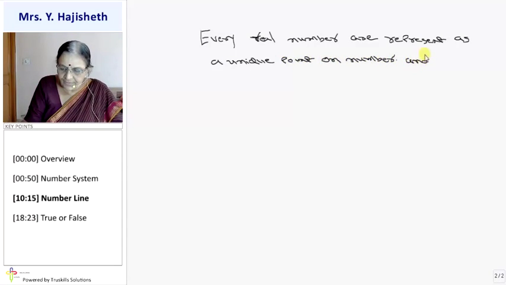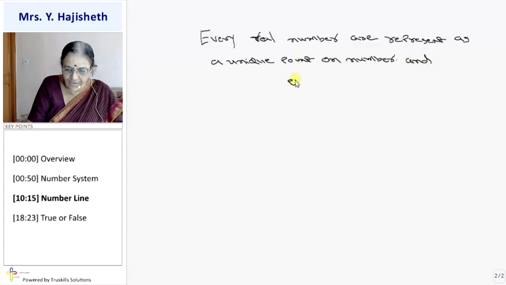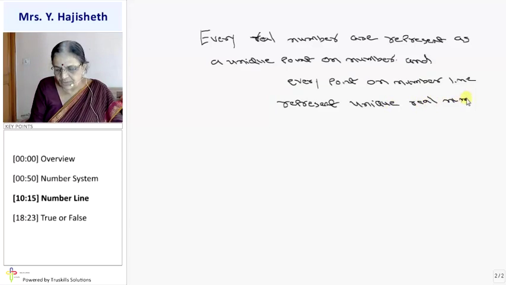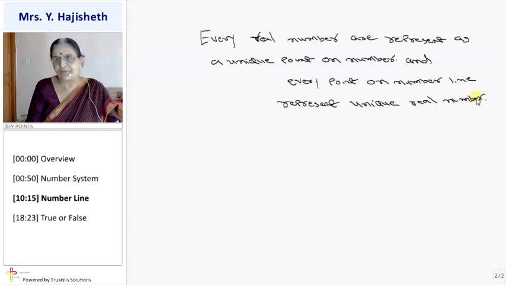And every point on the number line represents a unique real number, okay? There is a one-to-one correspondence between R and the number line.